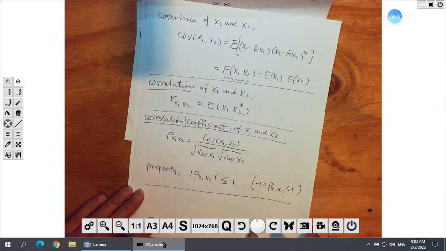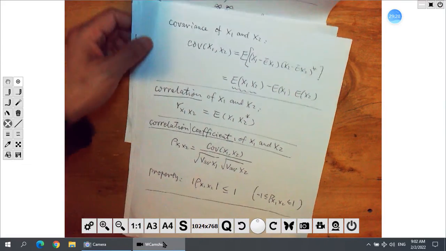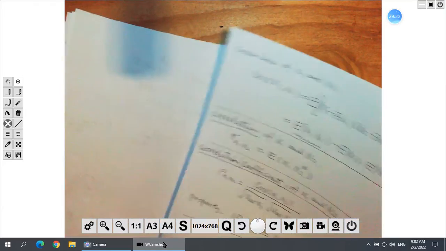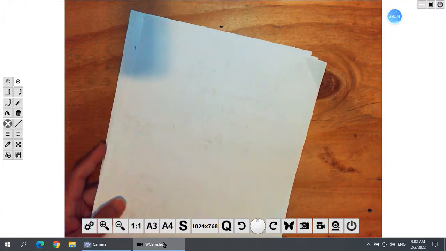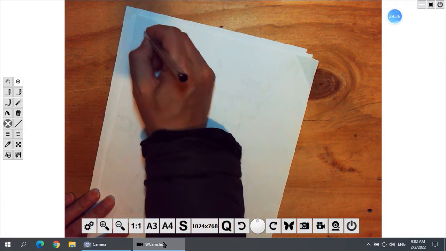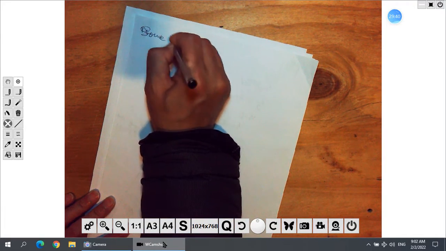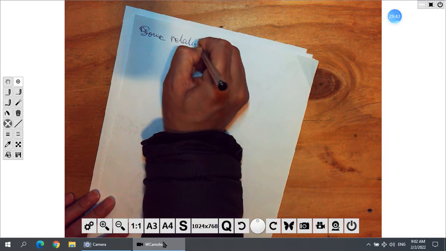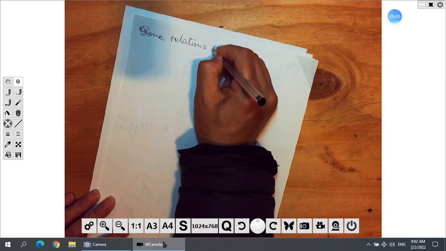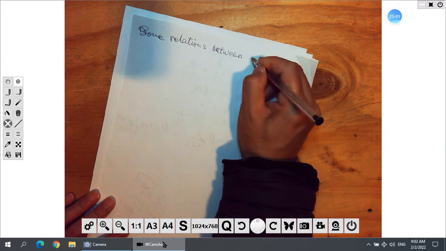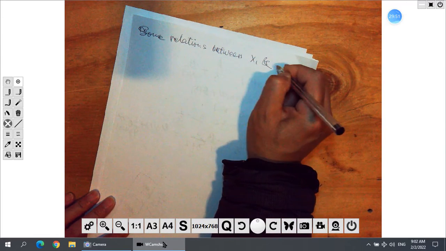Okay. Then based on these, we have several different kinds of relation between x1 and x2.